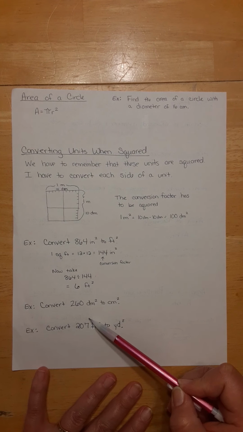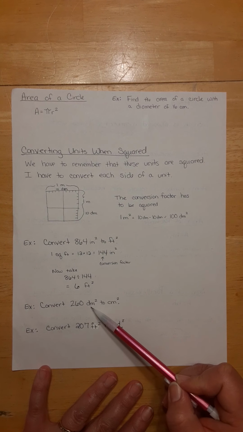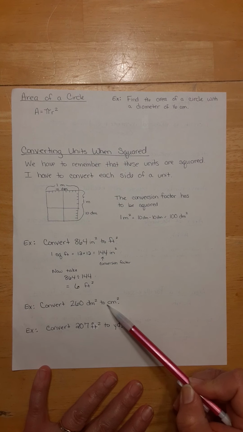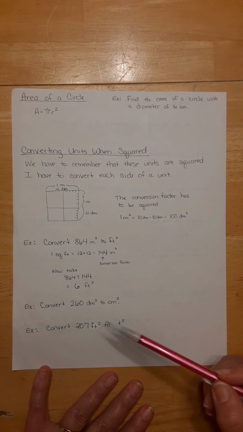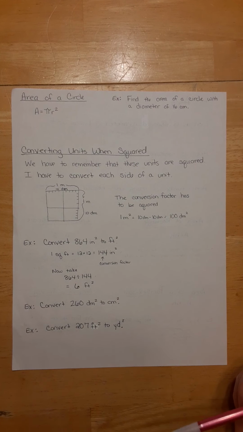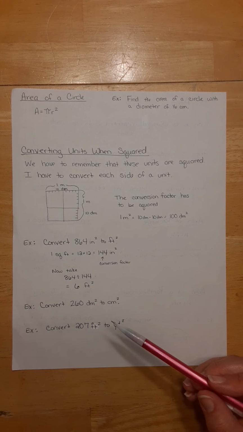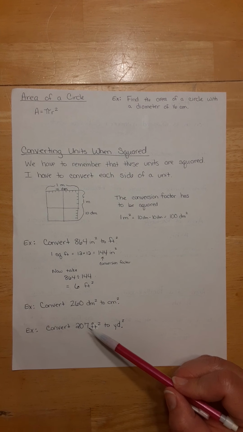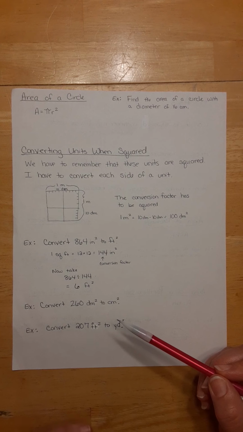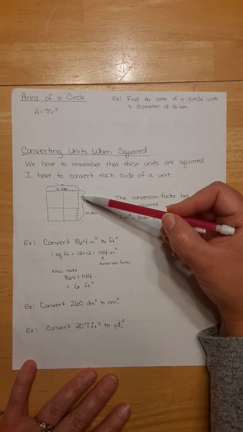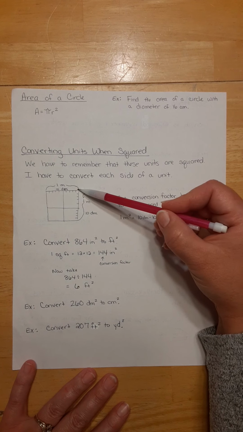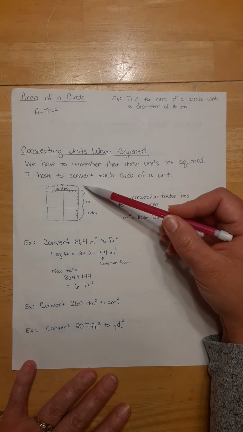Okay, we're going to do the same here for 260 decimeters squared to centimeters squared. Okay, think about with our metric system, how many centimeters are in a decimeter? There are 10 of them, okay? And so if we're doing with our square, I have 10 centimeters on this side and 10 centimeters on this side.